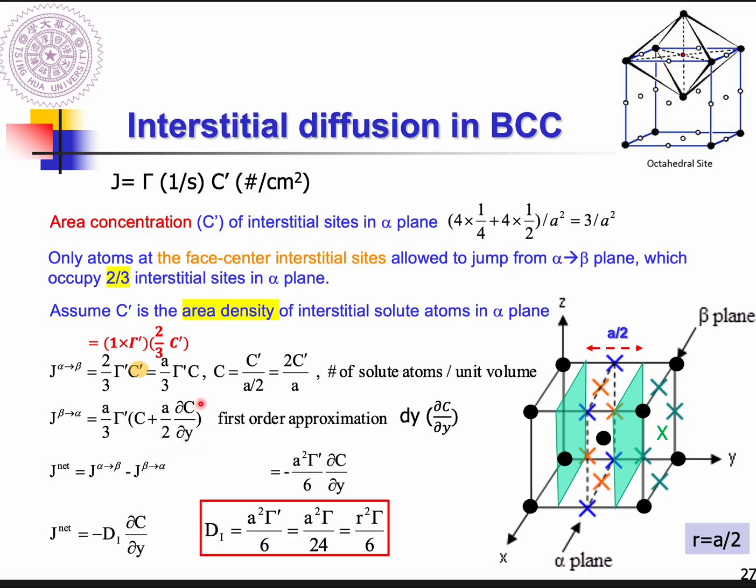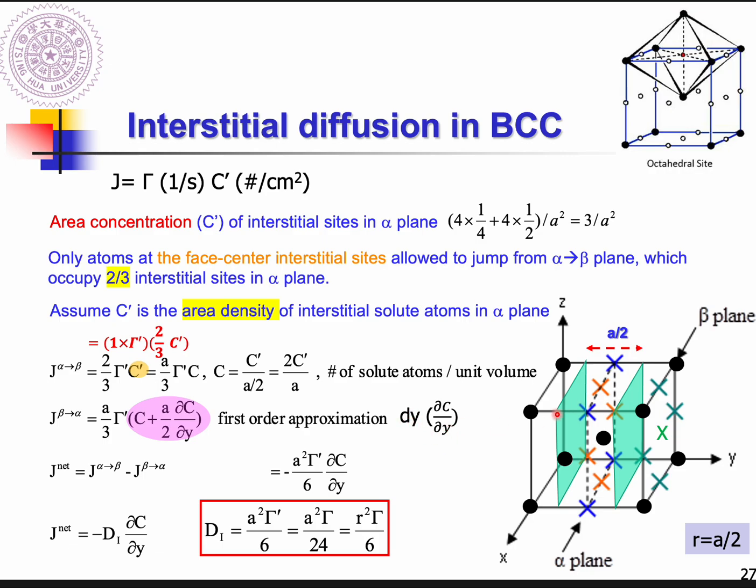In the other approach, we copy the 3A gamma prime and the C, the concentration part, to describe the interstitial concentration on the beta plane. We use C, the concentration in the alpha plane, plus A/2 times partial C partial Y. It's just a first order approximation, so we use partial C partial Y, right?